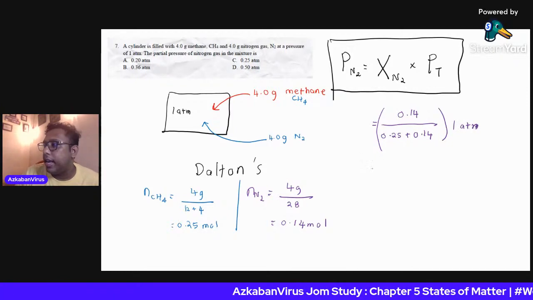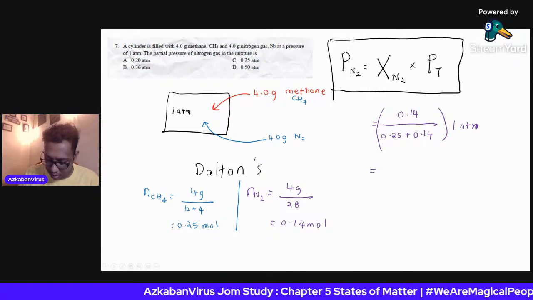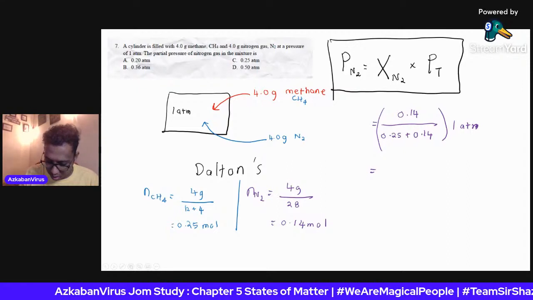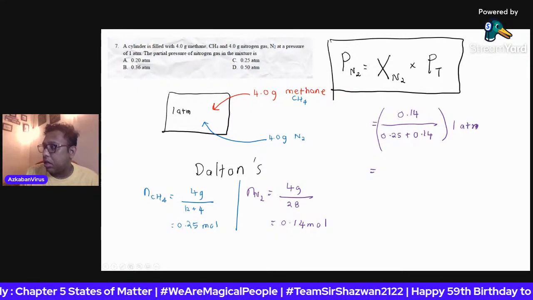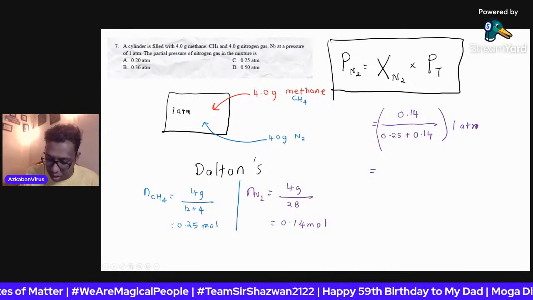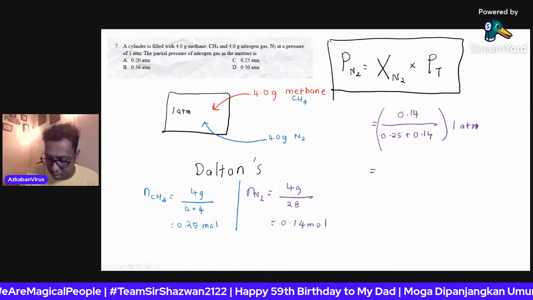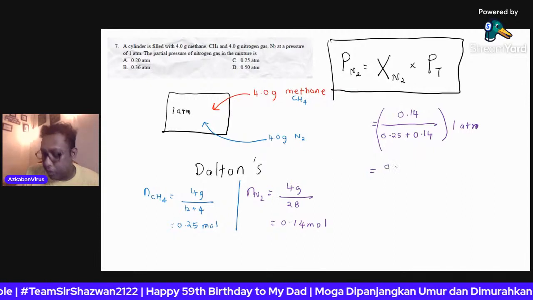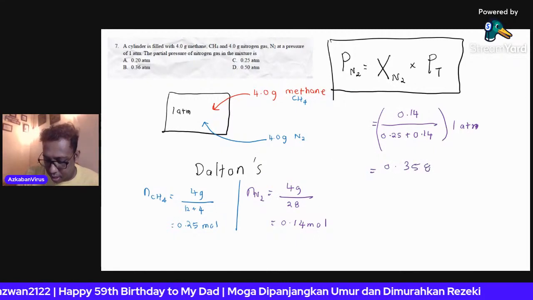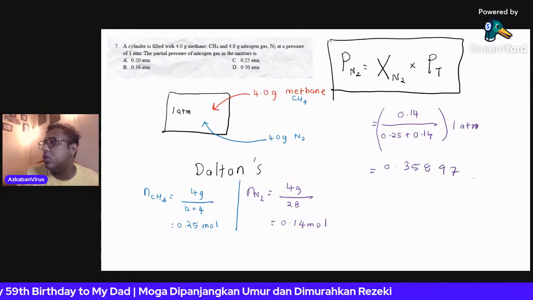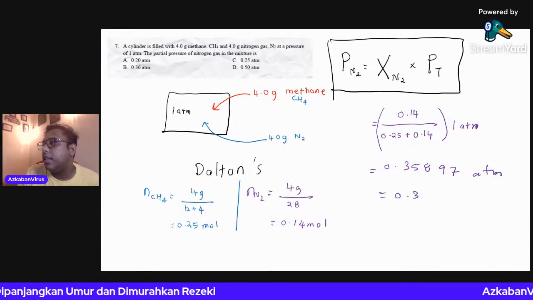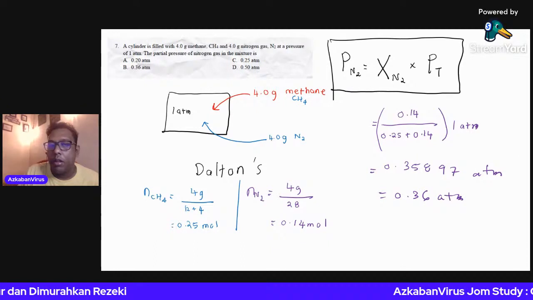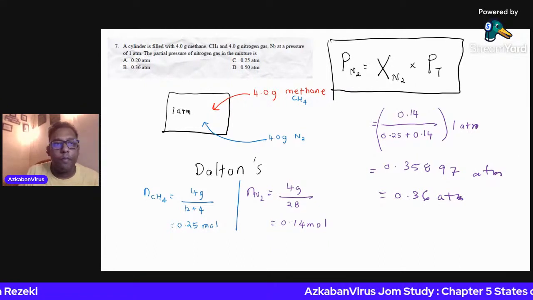And you will get 0.35897 atm, which is equal to 0.36 atm. Boleh ikut setakat ni?